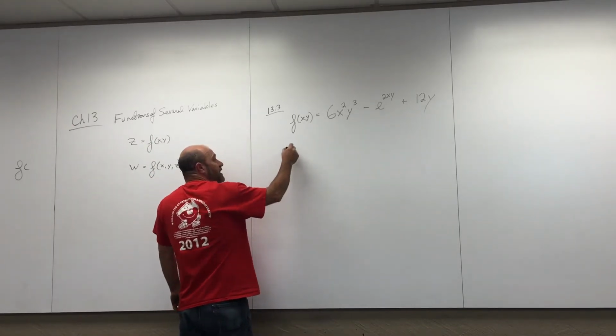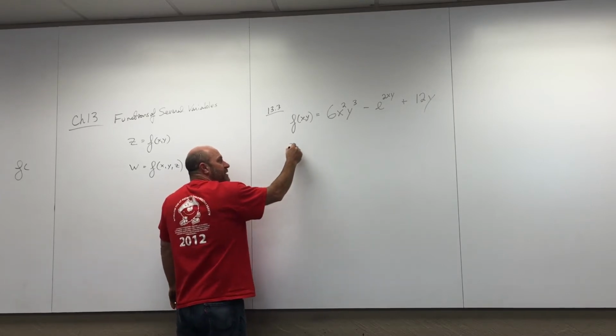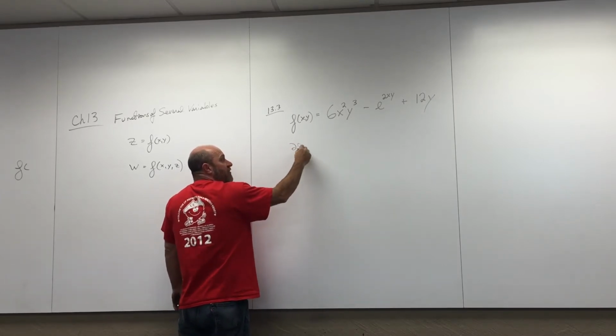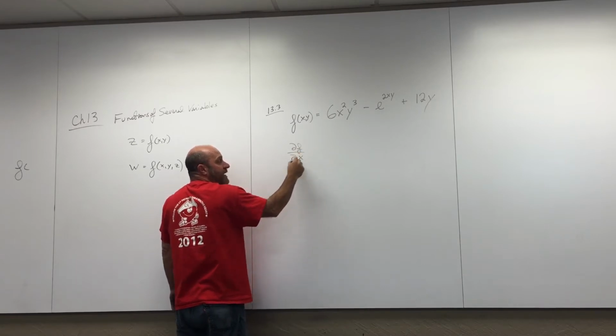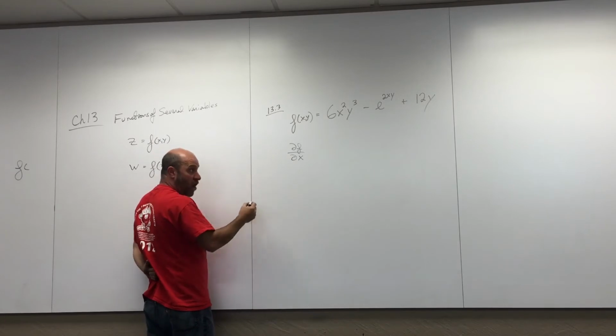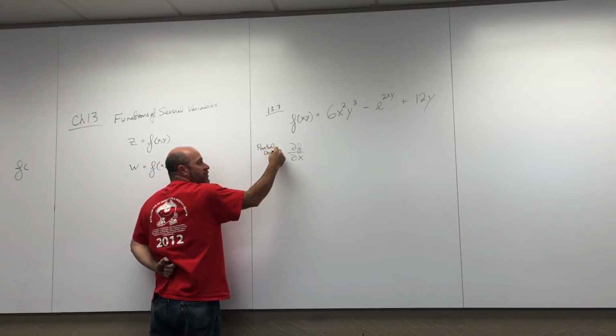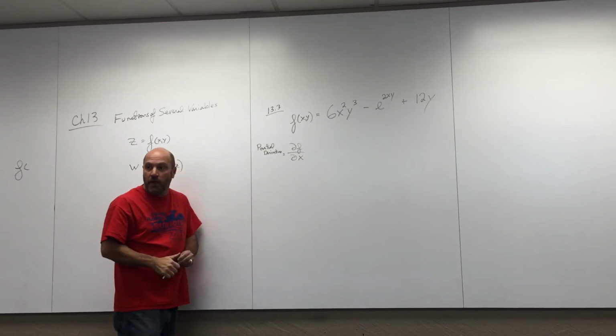The notation would be this kind of curly looking d, because it's the partial derivative of f with respect to x. And I'm using a little curly d on purpose to indicate partial derivative. These are called partial derivatives. And this is new to you, although I think in your physics class you might have done a partial derivative or two.